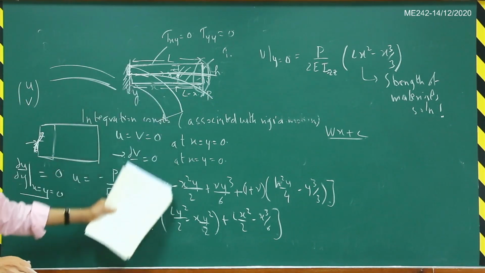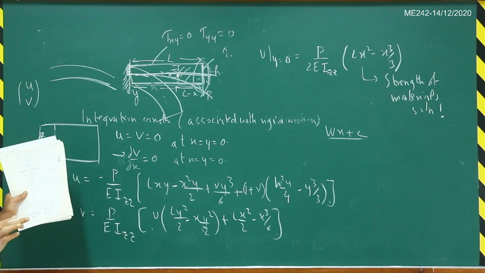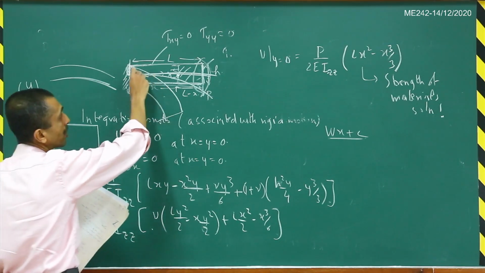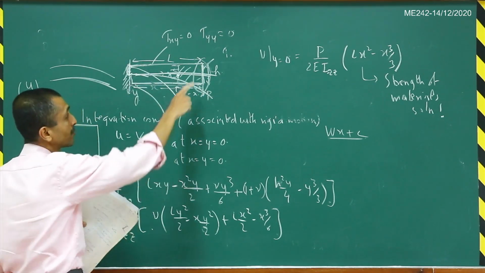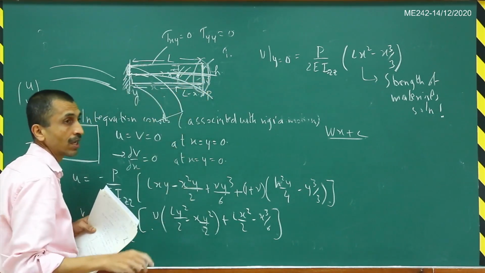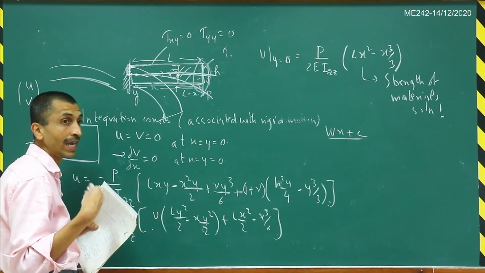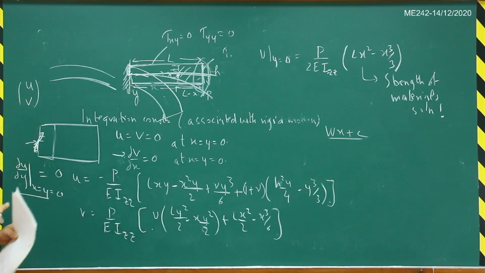These solutions are valid only within a particular range of validity: the displacement should be small in comparison to the dimensions of the structure, and the displacement gradients should be small in comparison to 1 in terms of magnitude. This is something we have to bear in mind while using this.